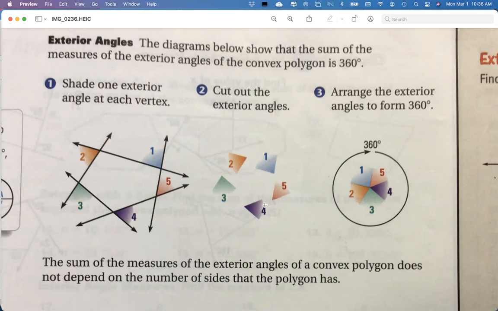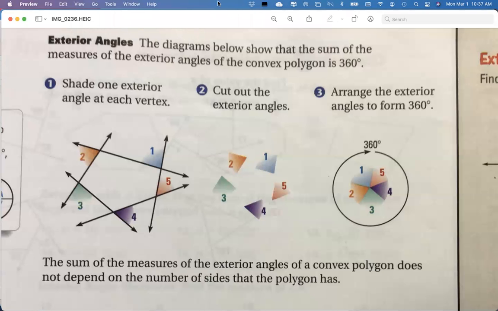Whereas a square has slightly smaller angles. And a pentagon has a little bit smaller angles. And a hexagon, and a heptagon, an octagon, all of the above. So those all have smaller angles as we get bigger, because the sum of the exterior angles is always 360 degrees.